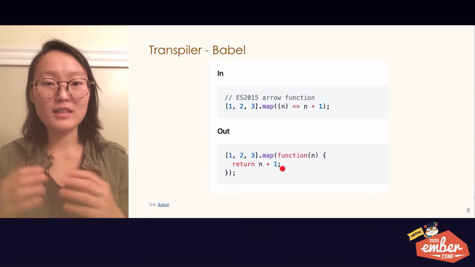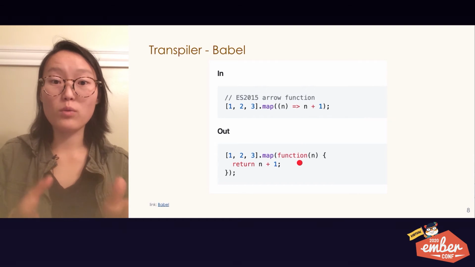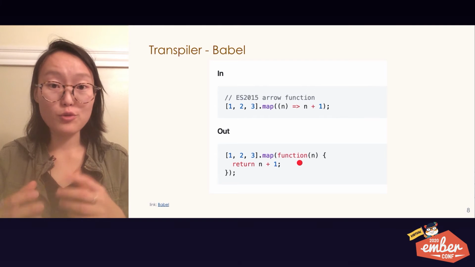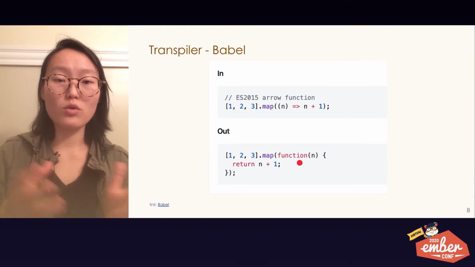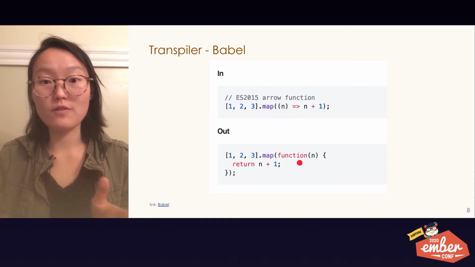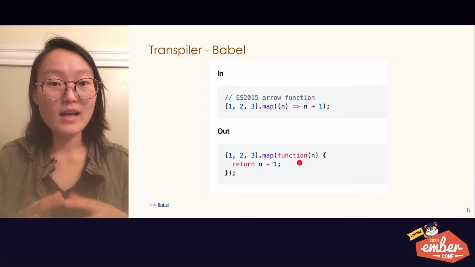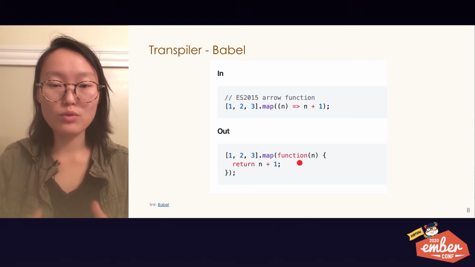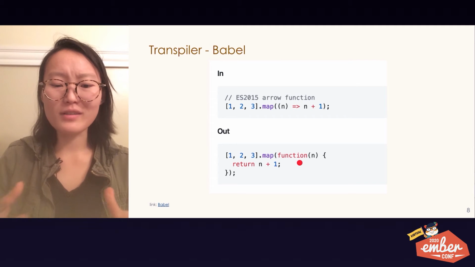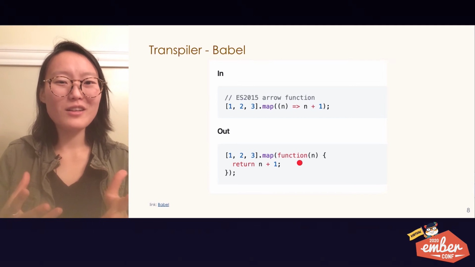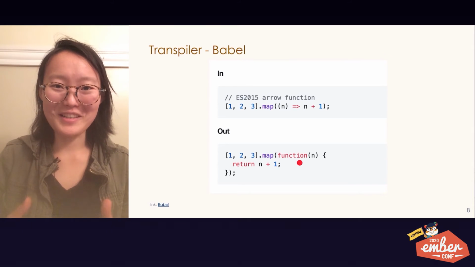And in fact, not only from the fat arrow to a backward compatible version, Transpilers are also able to do the other way around. They can convert an older version of syntax to the new version of syntax. This is definitely a very beneficial tool to be included in our repository. But similar to CodeMod and Linter, a Transpiler also needs to solve a lot of problems in order to get to where it is.